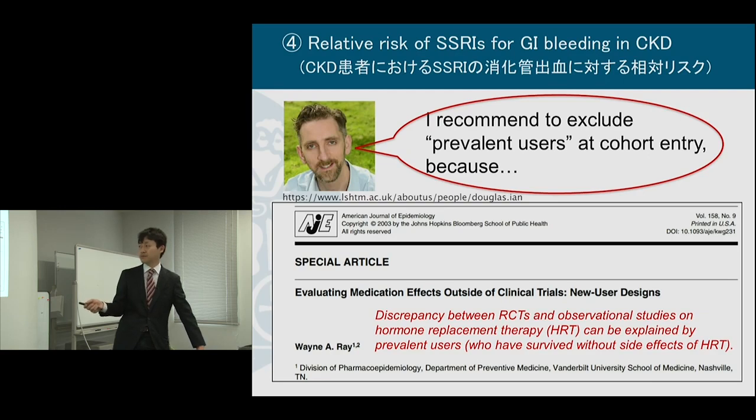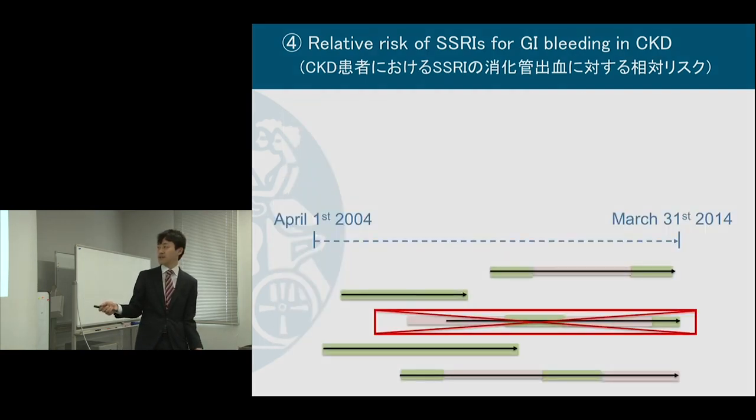In this example, he says that the discrepancy between RCTs and observational studies on hormonal replacement therapy can be explained by prevalent users who have survived without side effects of the drug. By which I mean, this patient was on antidepressants because they didn't have GI bleeding before.